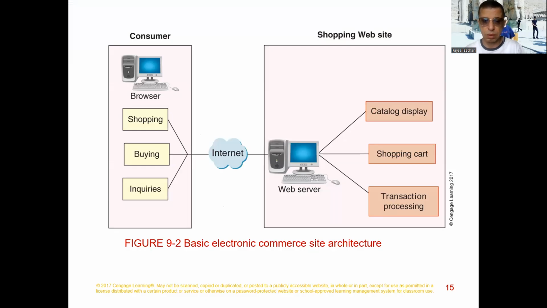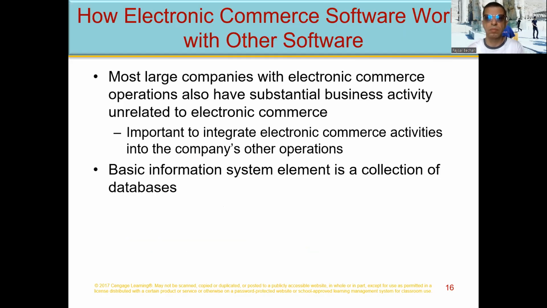We can explain the basic electronic commerce site architecture, how it works. How electronic commerce software works with other software now. Most large companies with electronic commerce operations also have substantial business activities unrelated to electronic commerce.